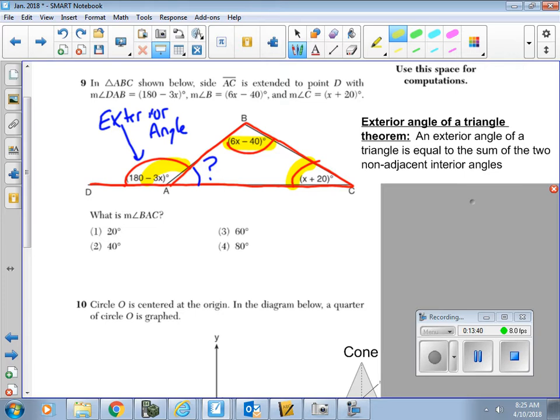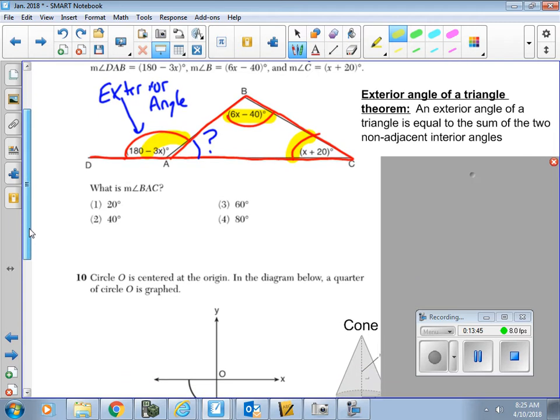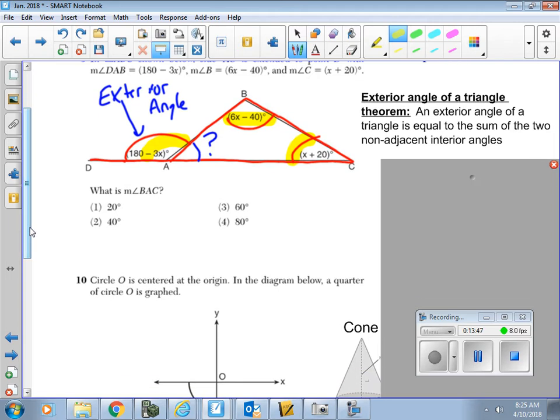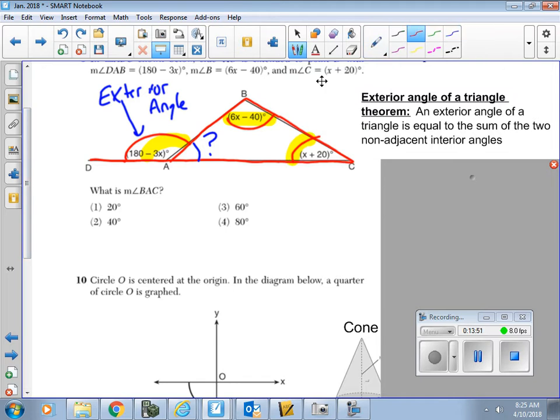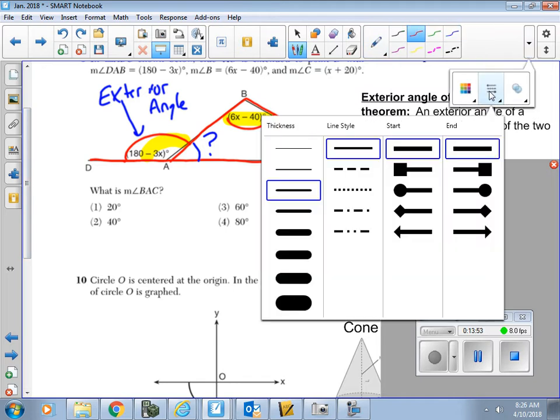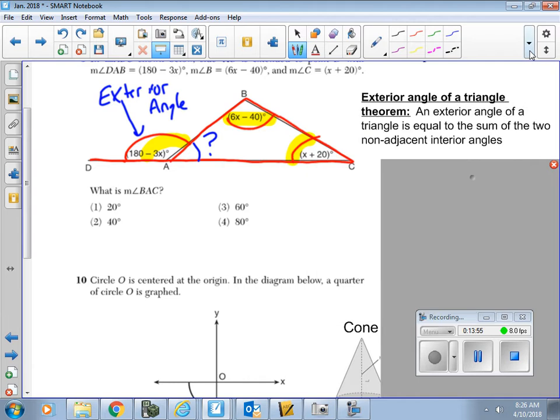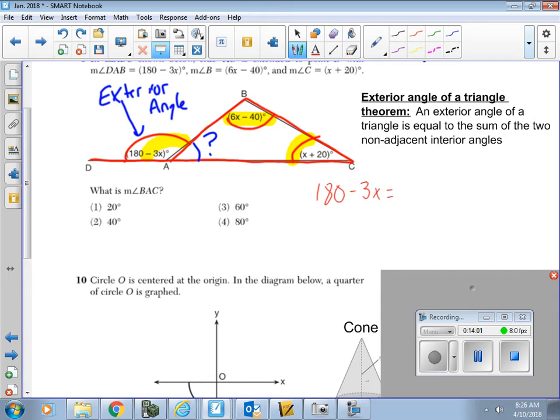So our equation, based on that theorem, which you need to write down, should look like this: 180 minus 3x is equal to 6x minus 40 plus x plus 20.